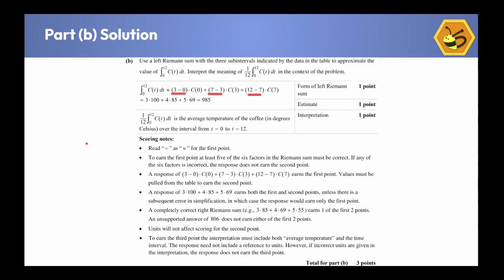So this is the part B solution. To earn the first point, you need to get at least 5 of the 6 factors correct. And if any of them is incorrect, then you can earn the second point.